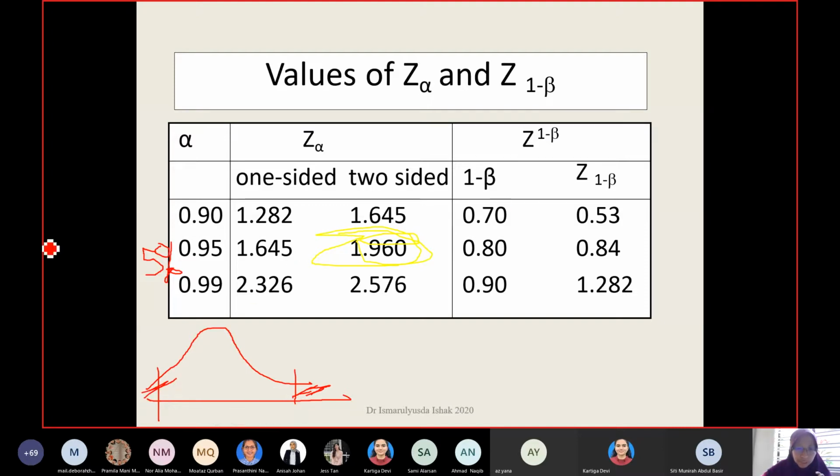This is your non-rejection area, and this is your rejection area. You can choose 5% error. So for two tails, the 5% is divided by 2.